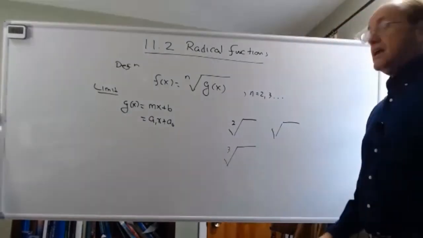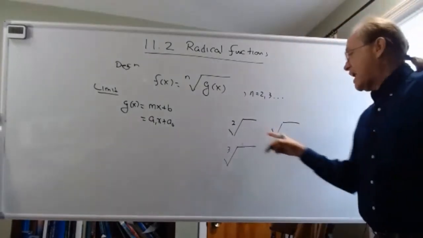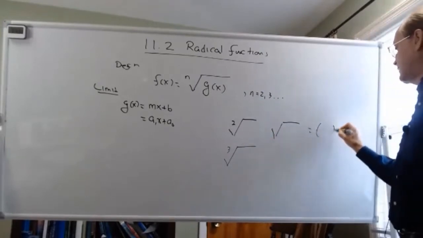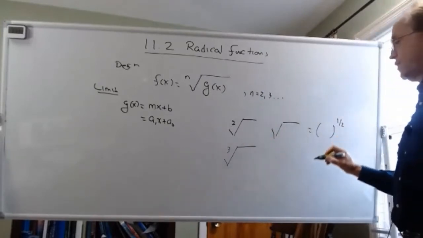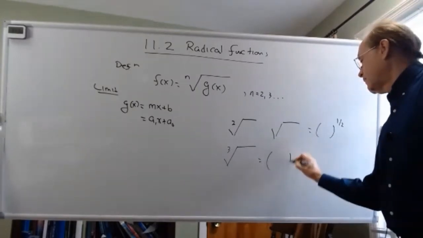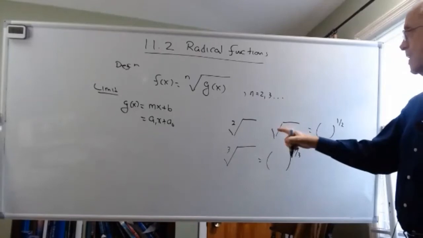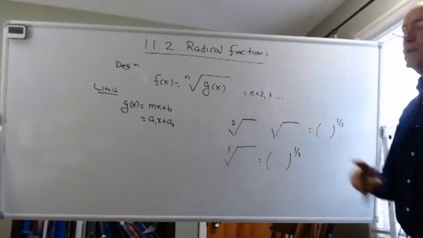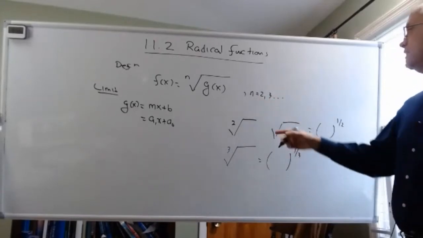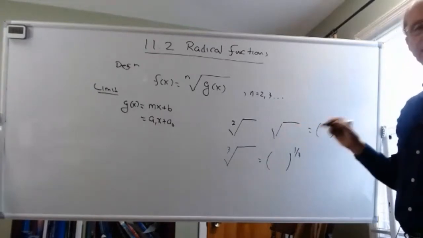And you can write it in radical form, and you can also write it in exponent form. So that's the form that you want to use. For us, we're just going to choose 2 and 3. Once in a while, you might see a 5th root or a 4th root, but very, very rarely.